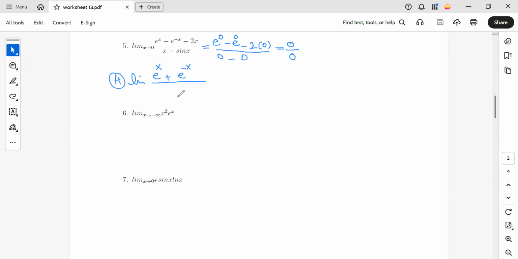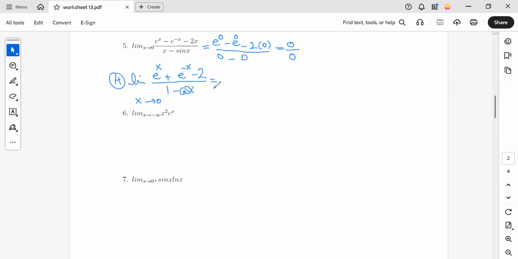So I would write positive, because negative times negative would be positive. Derivative of negative 2x is negative 2, over derivative of the denominator. We know that derivative of x is 1, minus derivative of sine, which is cosine of x.